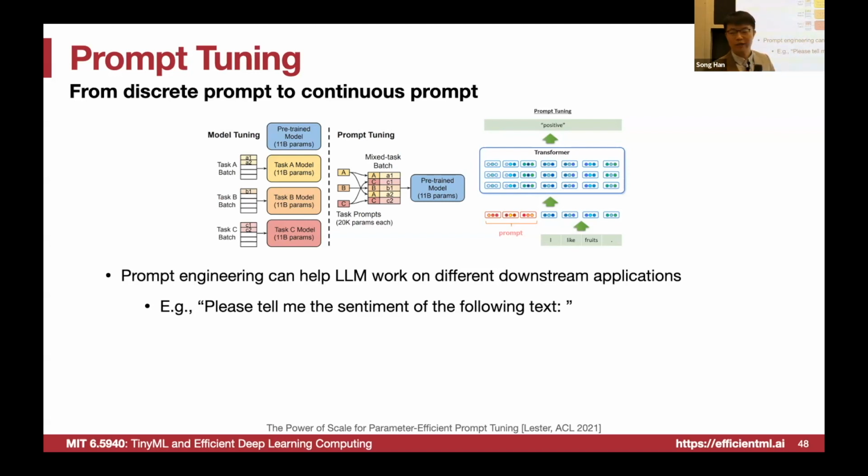We have a pre-trained model, say an 11 billion parameter model. For task A, we have a batch of two inputs, like translation. Task B might be sentiment classification, with 1 request. And task C might be summarization, with 2 data points in this batch.